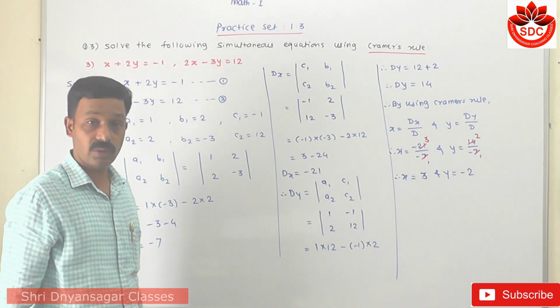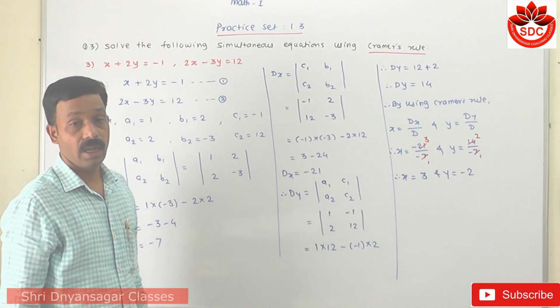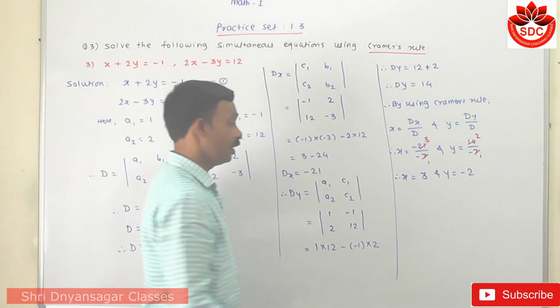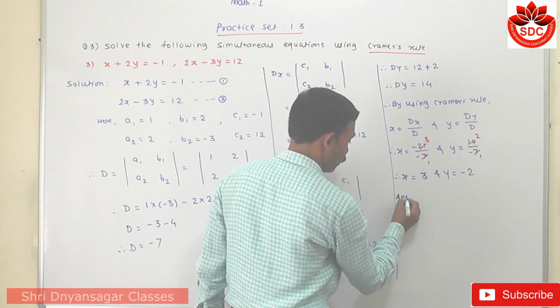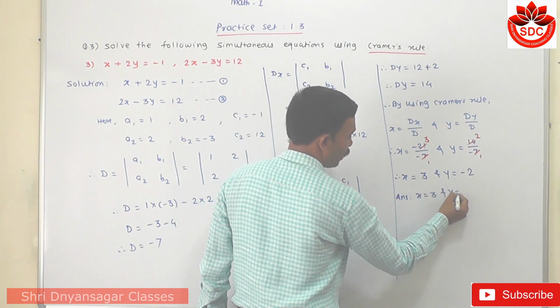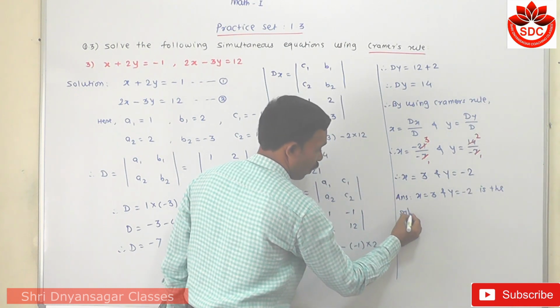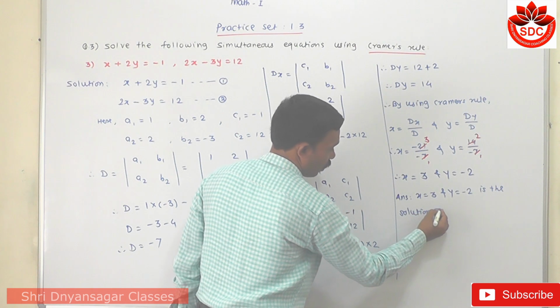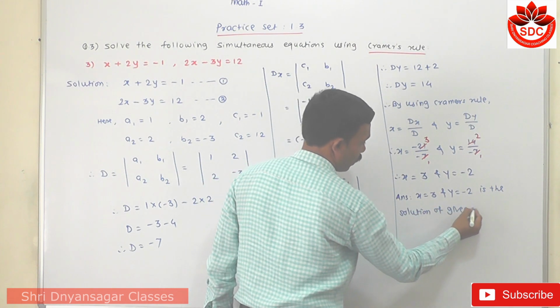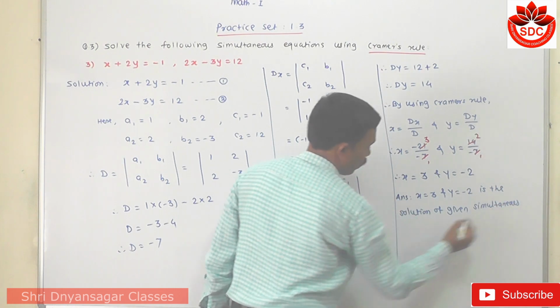So it is called the solution of the simultaneous equations by using Cramer's rule. So I have to write the answer in a full sentence. So the answer is: x is equal to 3 and y is equal to minus 2 is the solution of the given simultaneous equations.